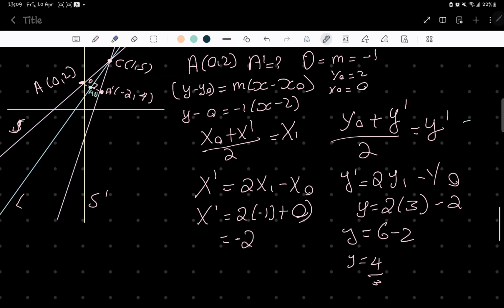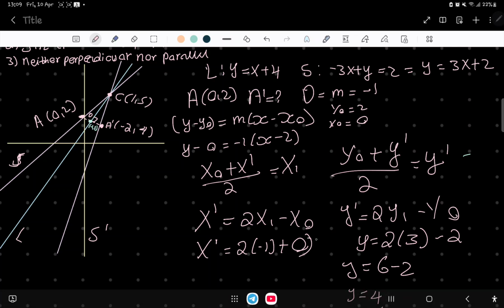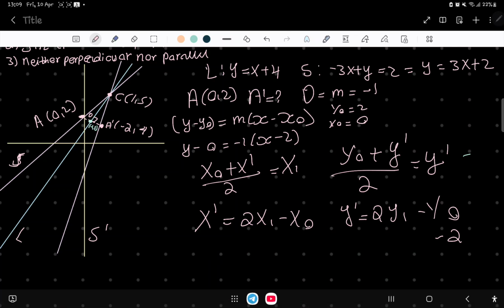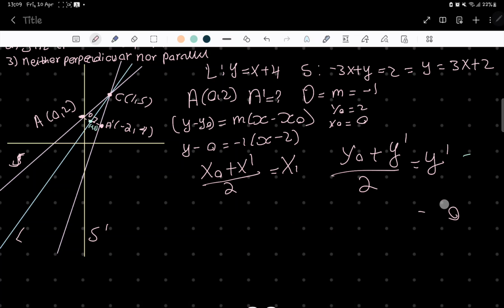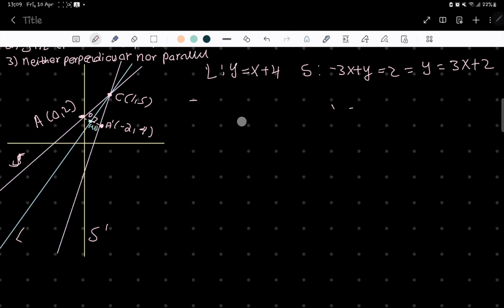So we already found this part. Our next step is to identify the equation of the reflected line. The next step we're going to take is to find these slopes.